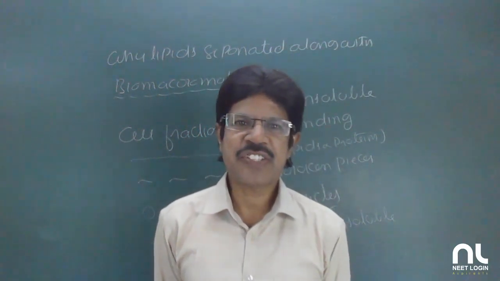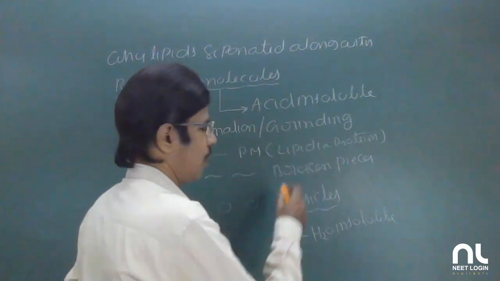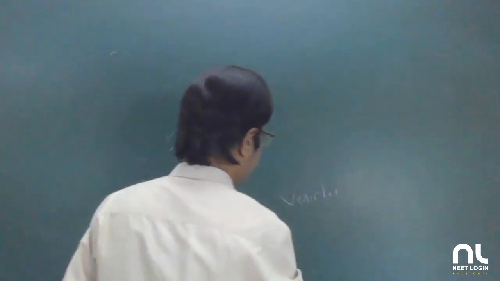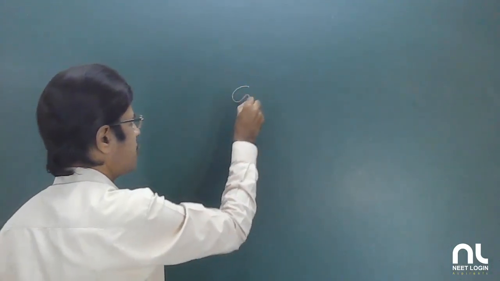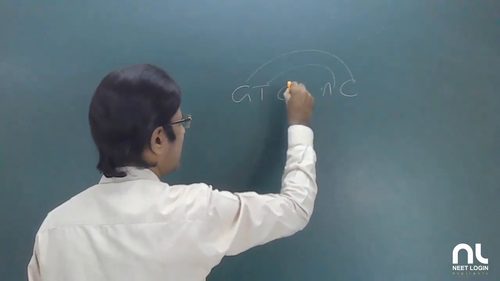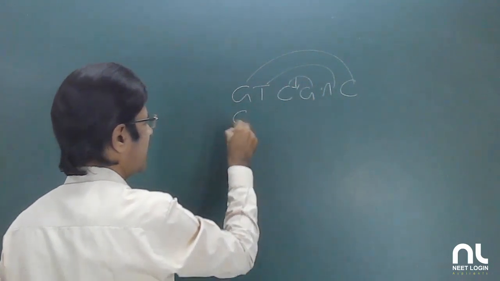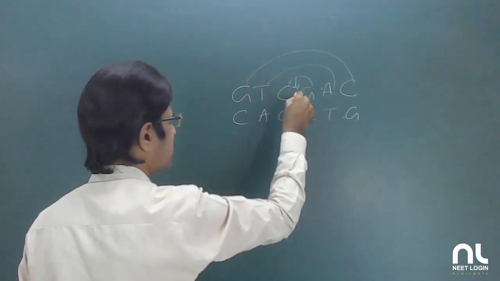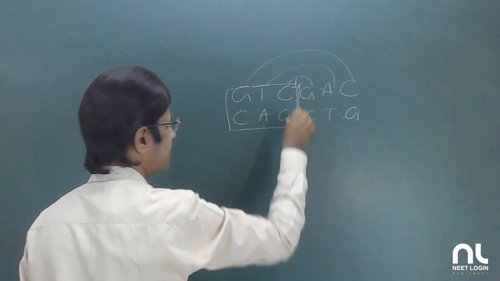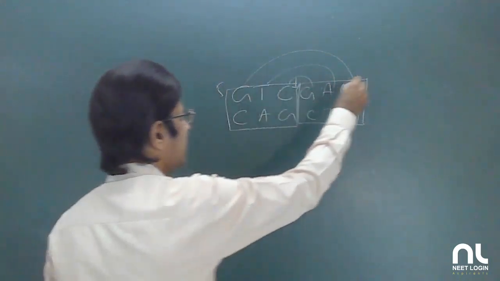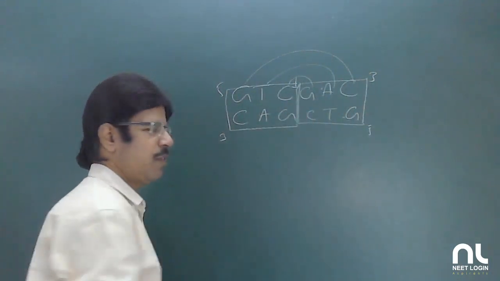It has a particular recognition sequence, GTC, that is G, C, T, A, C, G. It breaks between C and G. Which ends are found?